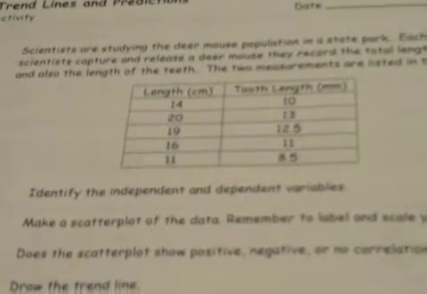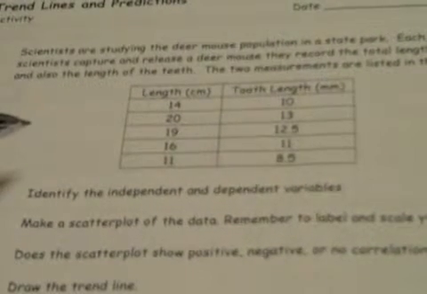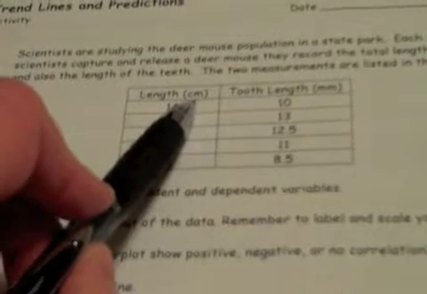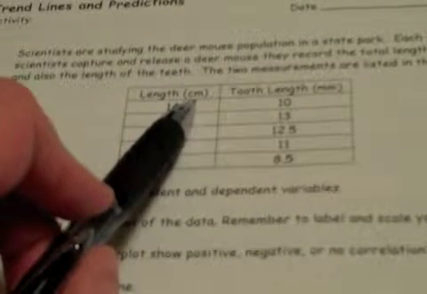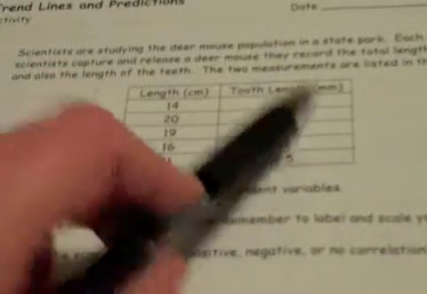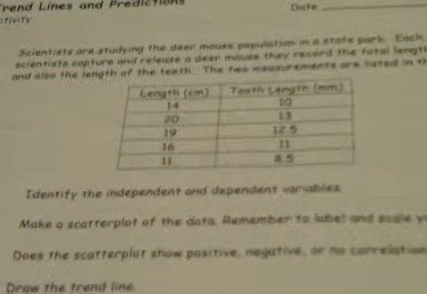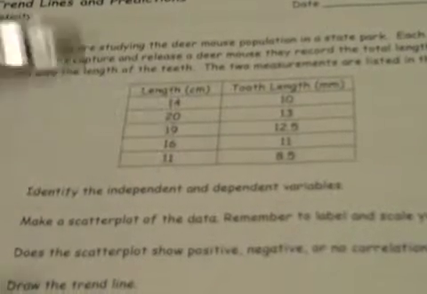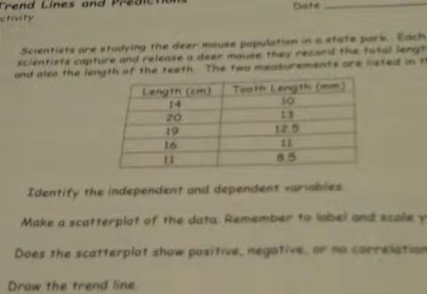We need to identify the independent and dependent variables. Now notice that the length is being measured in centimeters and the tooth length is being measured in millimeters. After you identify your independent and dependent variables, we're going to make a scatter plot on the graph below.